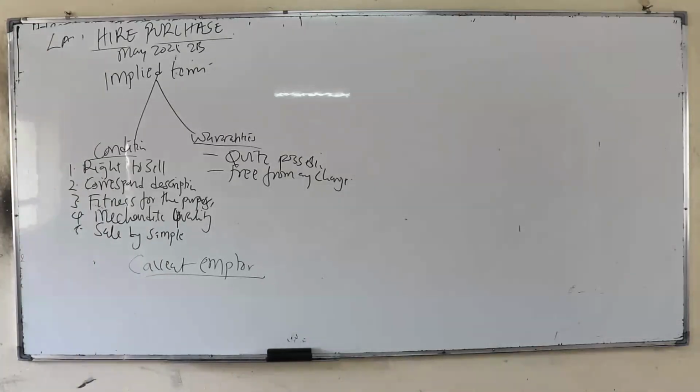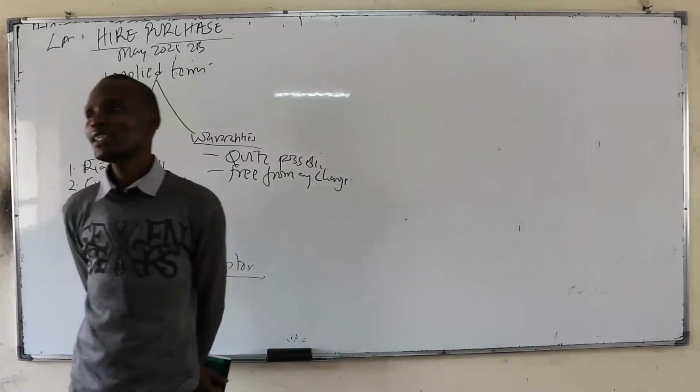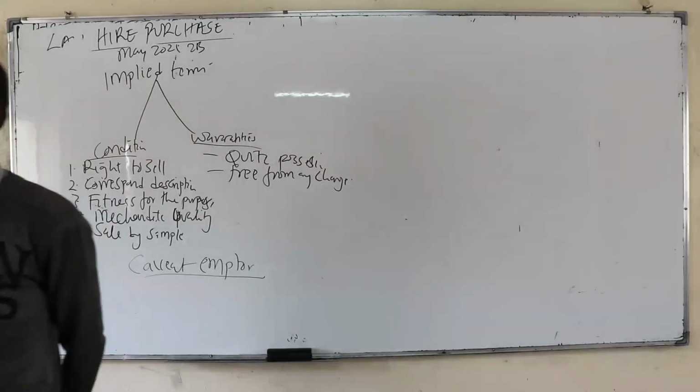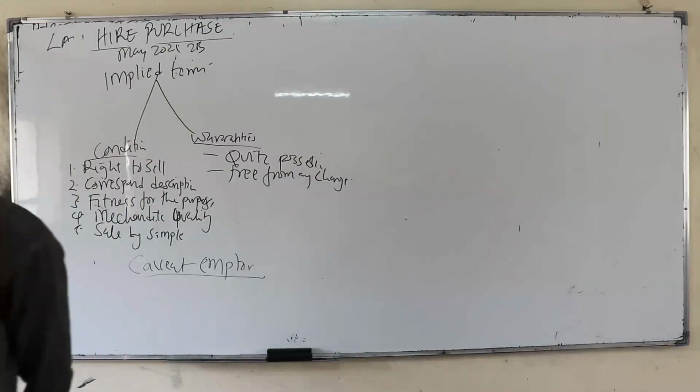So here it was a counter offer, okay? Here it was a counter offer. So how can you advise Jerry? Since you know it is a counter offer, how can you advise Jerry? What happened to the counter offer?